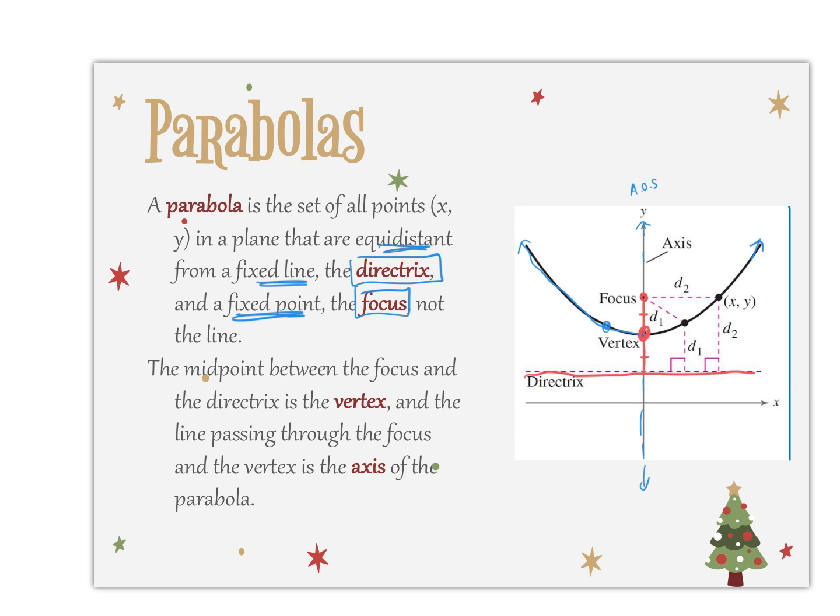This length, we give it a name and we call it P. So P is the distance from the vertex to the focus and the directrix, and we'll talk about that P value later, okay? Now the midpoint between the focus and the directrix, that's going to be your vertex. The line that passes through the focus and crosses the directrix perpendicular is going to be your axis of symmetry, but you don't need to know that.